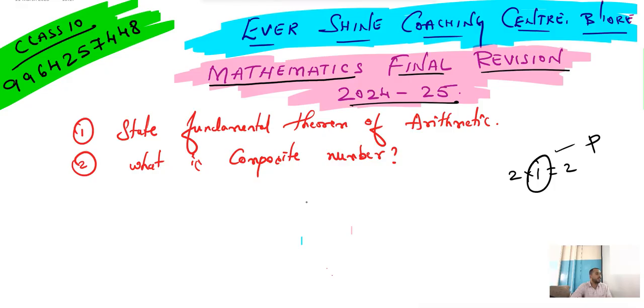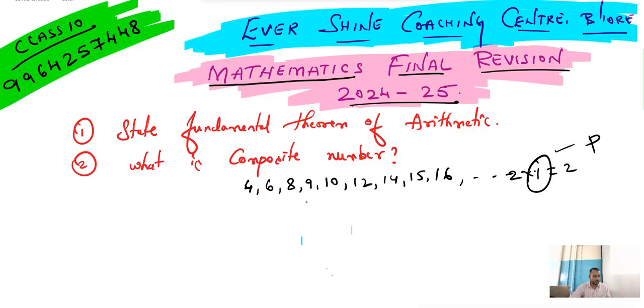Then 3. Does 3 come in any table? No, so 3 is a prime number. 4? 2 2s are 4, so 4 is a composite number. 5 is prime. 6, 7, 8, 9, 10, 11, 12, 13, 14, 15, 16. These all are what? Composite numbers. These all numbers come under some table, isn't it? So that is a composite number.